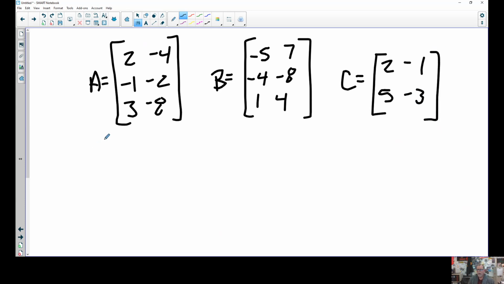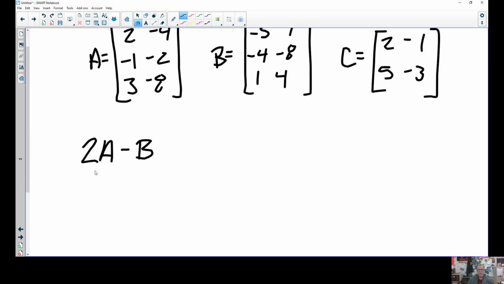We could also be asked to do something like, let's get crazy with one, say, 2A minus B. Now, 2A, what does that look like? Well, 2A is nothing more than matrix A multiplied by a scalar, what we call a scalar multiple of 2.